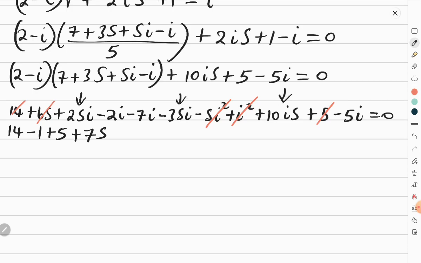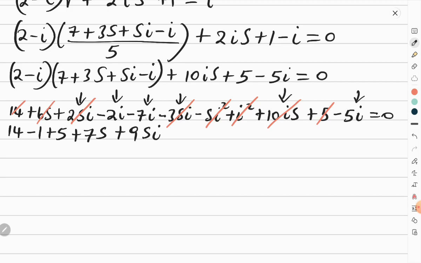So we are having 10 minus 3, that's 7. 7 plus 2, that's going to be 9. So we have plus 9si. Which means we are done with this one and this one and also that one. So we are left with i's. So this one and this one, also this one.